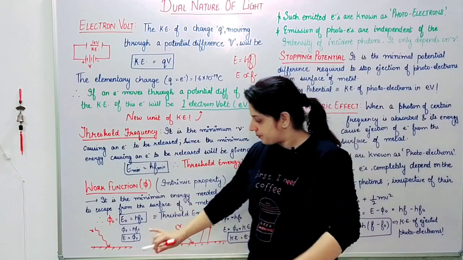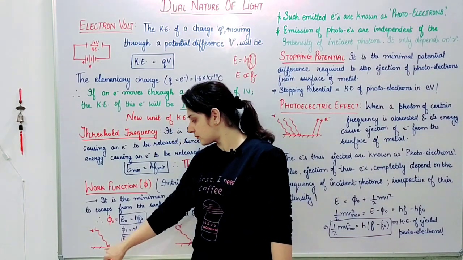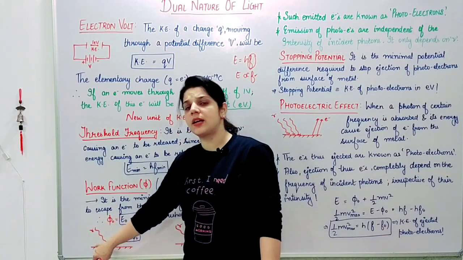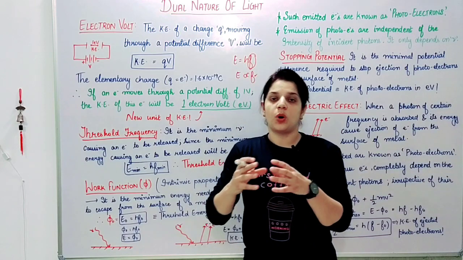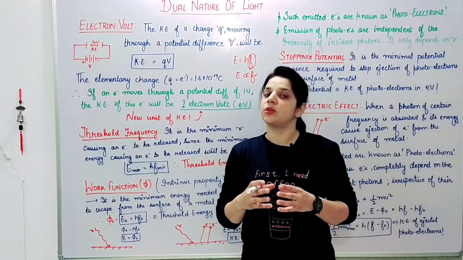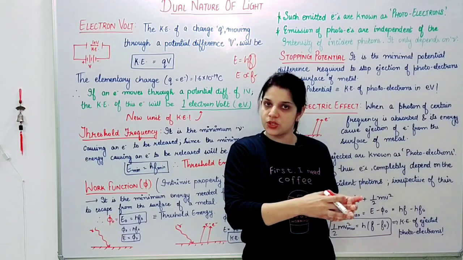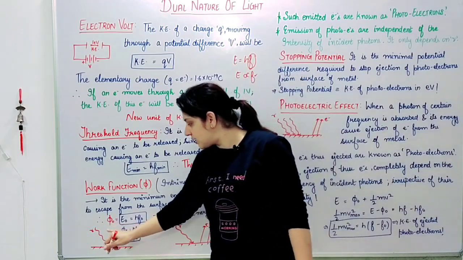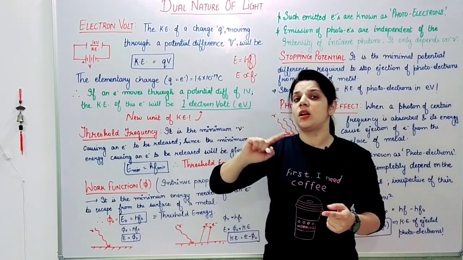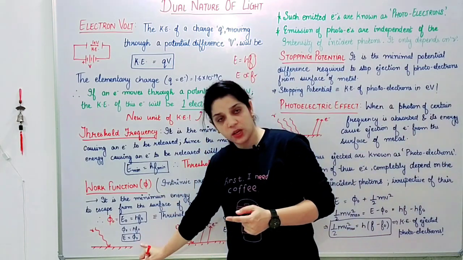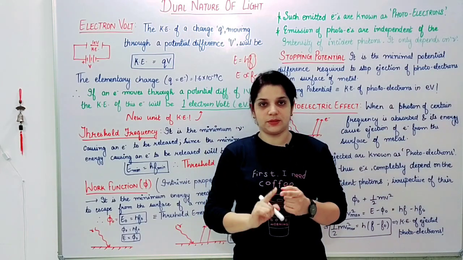Now, see, say this is the surface of a metal and there are certain photons incident on the surface. Electrons present on the surface of this metal will start absorbing photon energy. Now, if this photon energy is equal to the work function, no electron will be ejected, right?